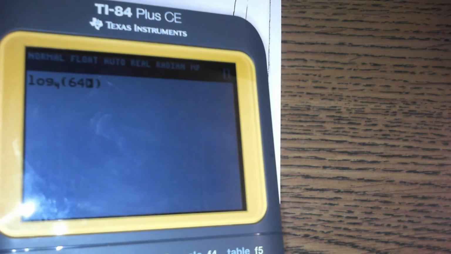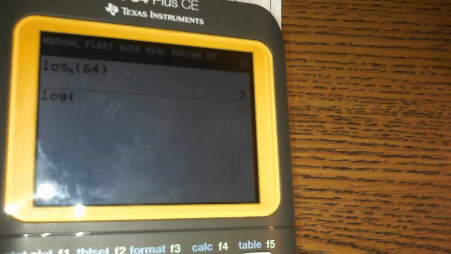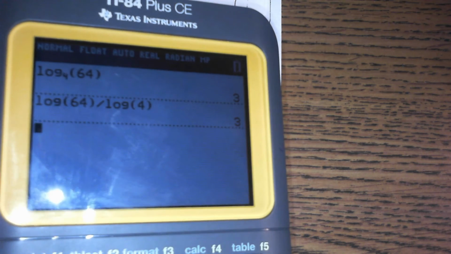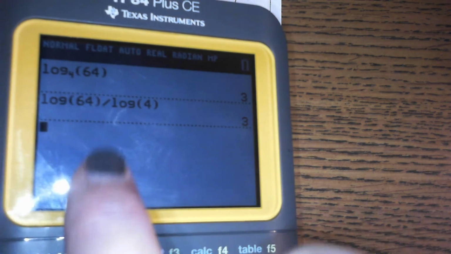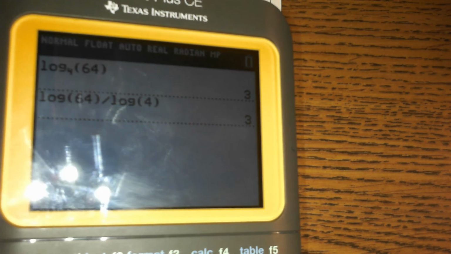But again, if you can't do that, the change of base formula says that you could also plug in log of 64 over log of 4, and we all can do that with our plain log button. Log of 64 divided by log of 4. It's the same thing, you just have to know how to type that in if your functionality there is disabled.